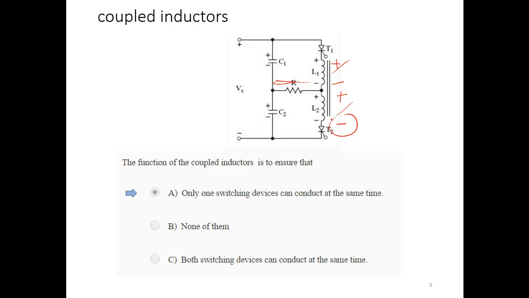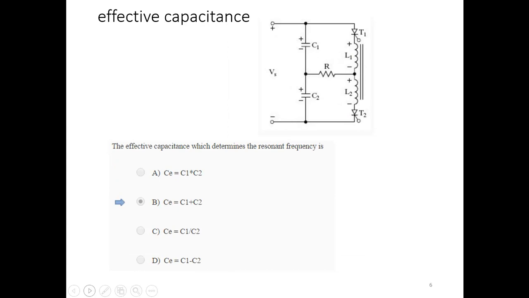The anode of this device will be negative. As a result, that device has to turn off. That means only one device can conduct. That's the answer.